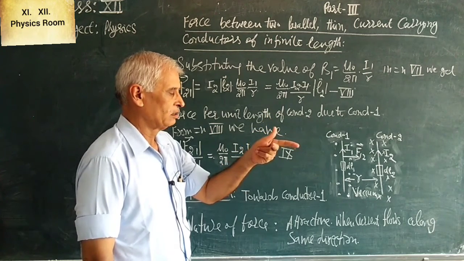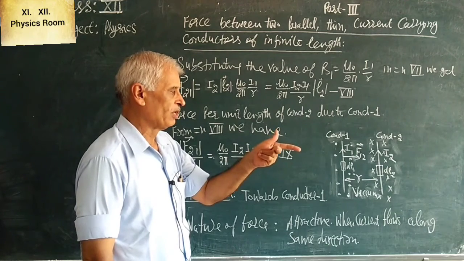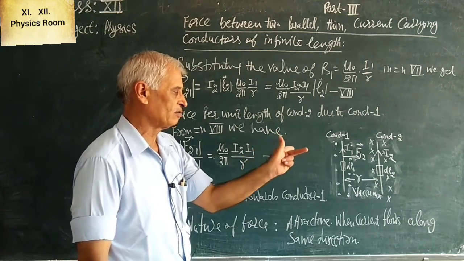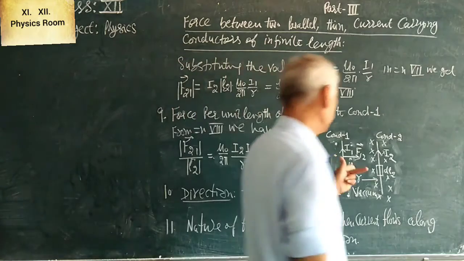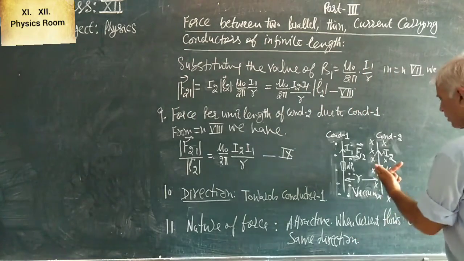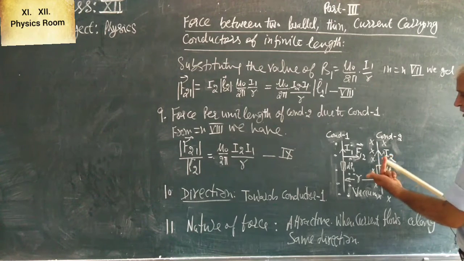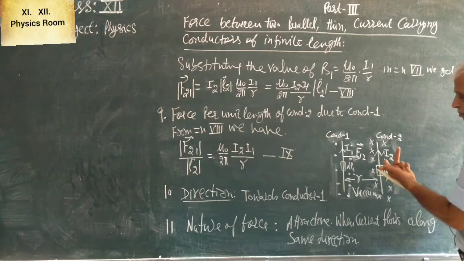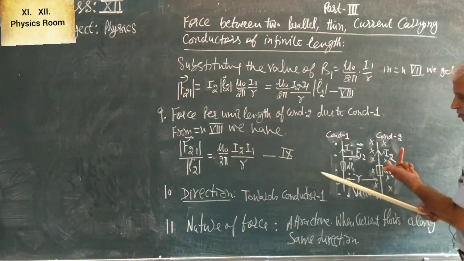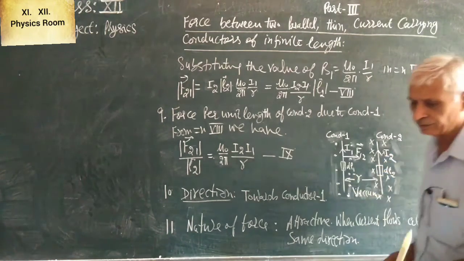Then the forefinger indicates the direction of magnetic field. The middle finger indicates the direction of current flow, conventional current flow. The thumb indicates the direction of force. So it will be along conductor 2.